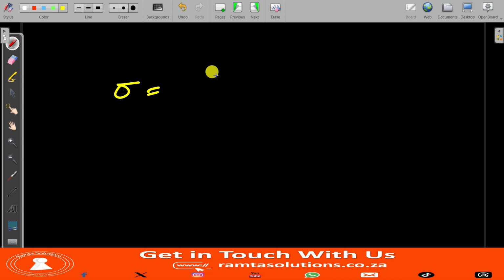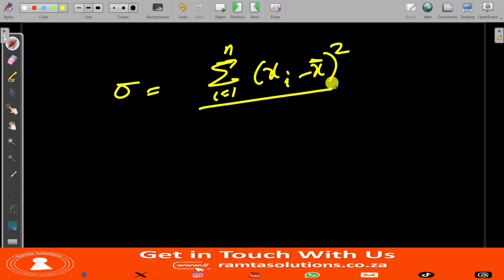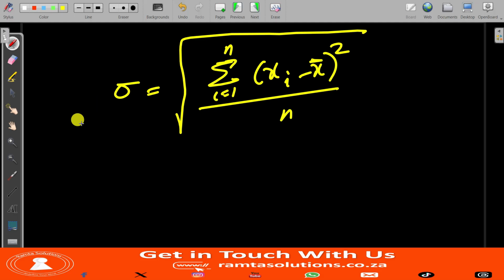This will be the square root of the sum of (x sub i minus x bar) all squared, all over n. All right, this is the formula of your standard deviation.